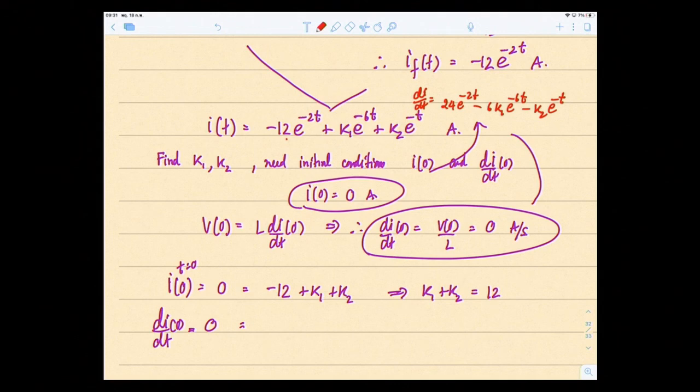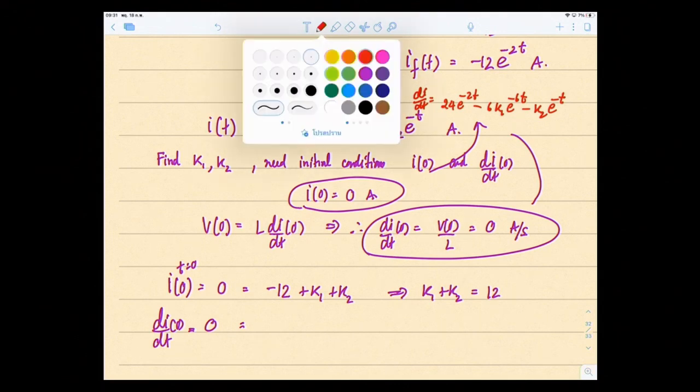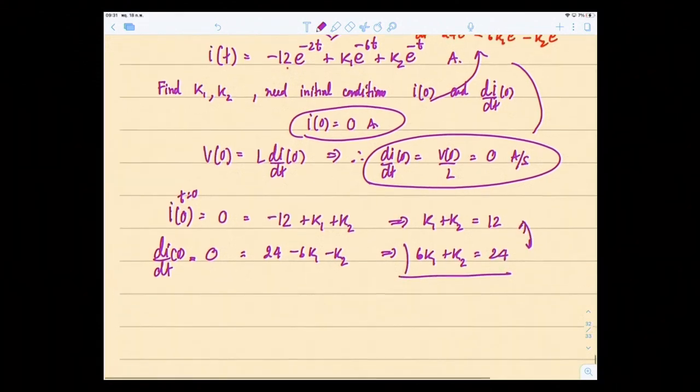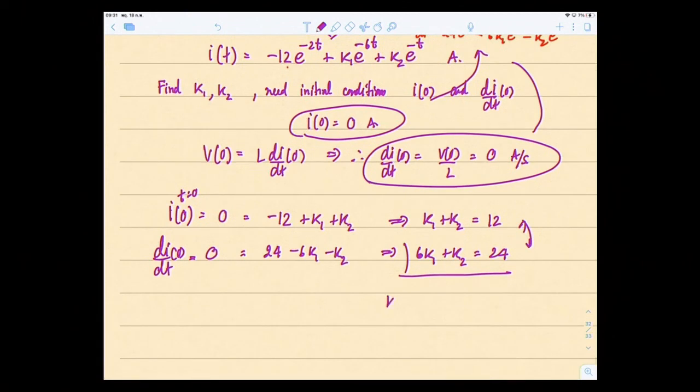So when t equals 0, e to the 0 is 1. So this becomes 24 minus 6k1 minus k2. So you get 6k1 plus k2 equal to 24. So you use this to solve for k1 and k2, and you will get k1 equal to 12/5 and k2 equal to 48/5.